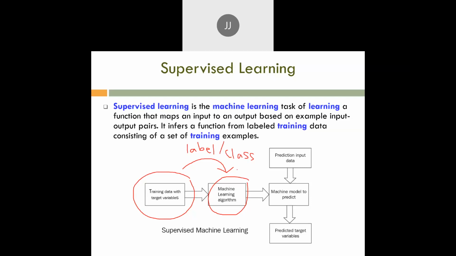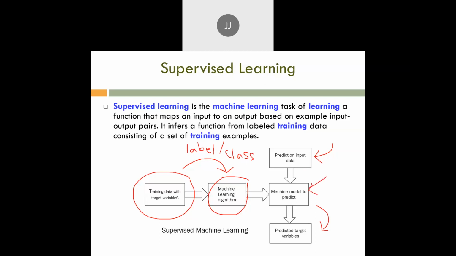Okay, so they look at this label or class. Once they are able to learn them, or have trained them, then given a new input here, they try to predict what is the class the new input has. So this is after you have already trained them.